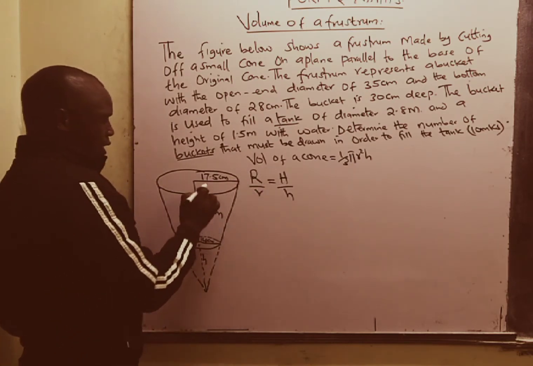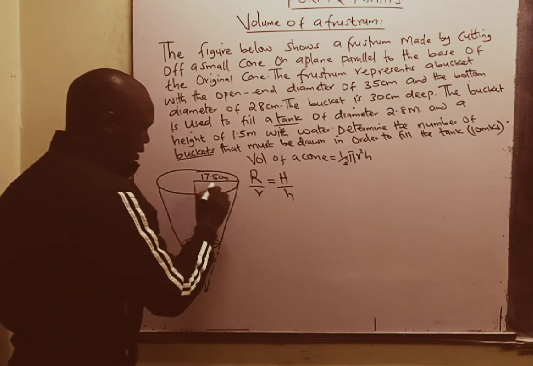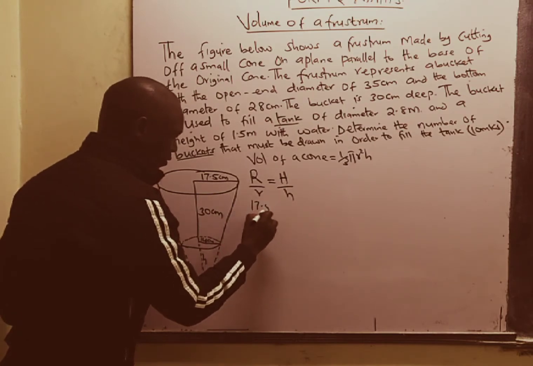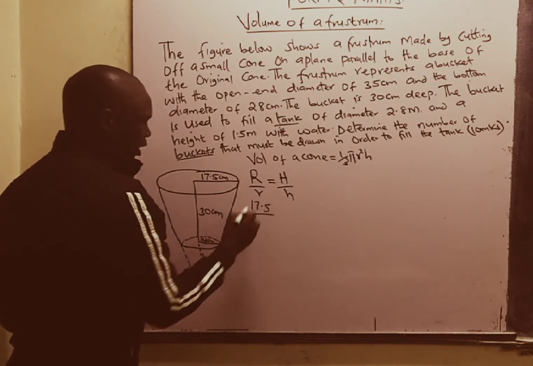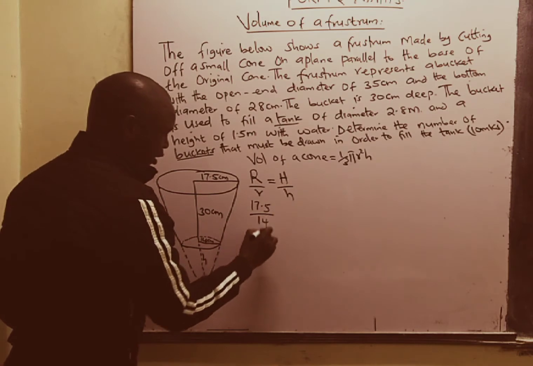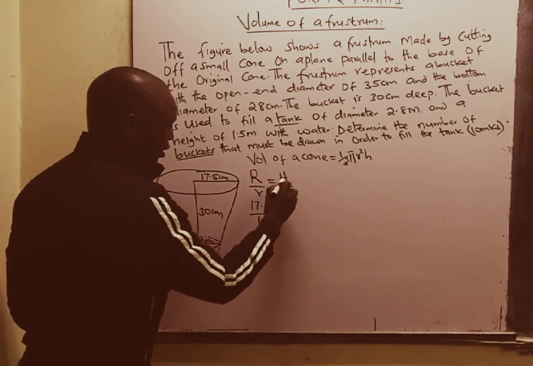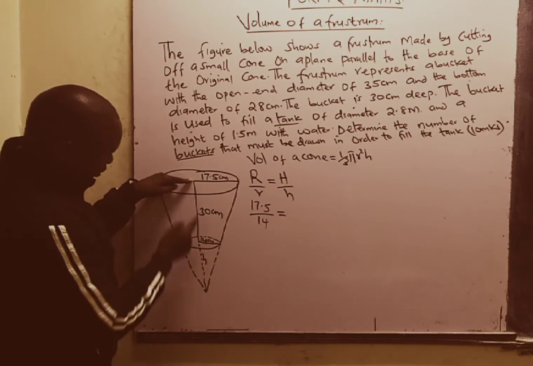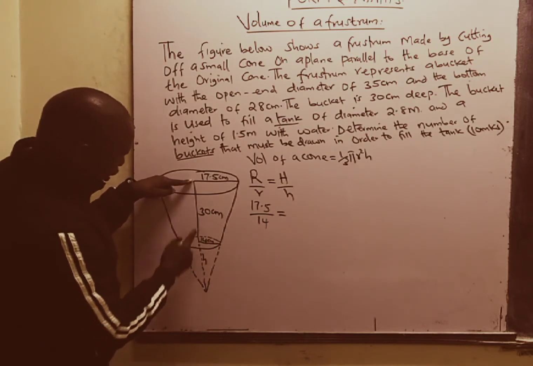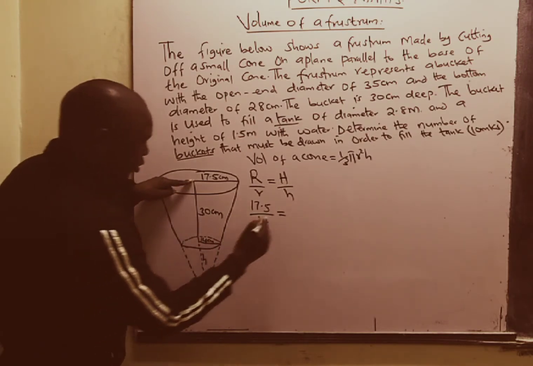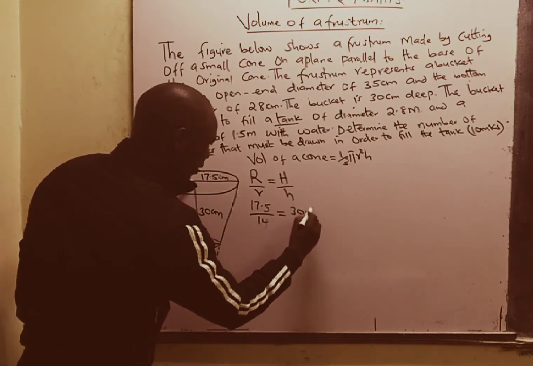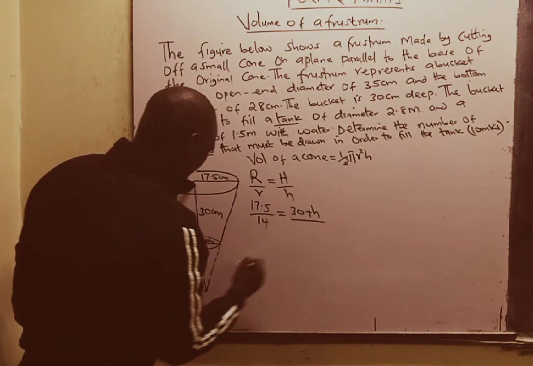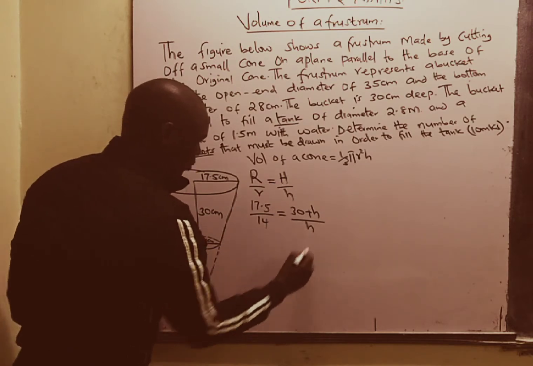Capital R, the radius of the bigger cone, is 17.5, over the smaller radius of 14 centimeters, and this must give us capital H, which is from this point to this point, 30 plus the small h, over the small h.